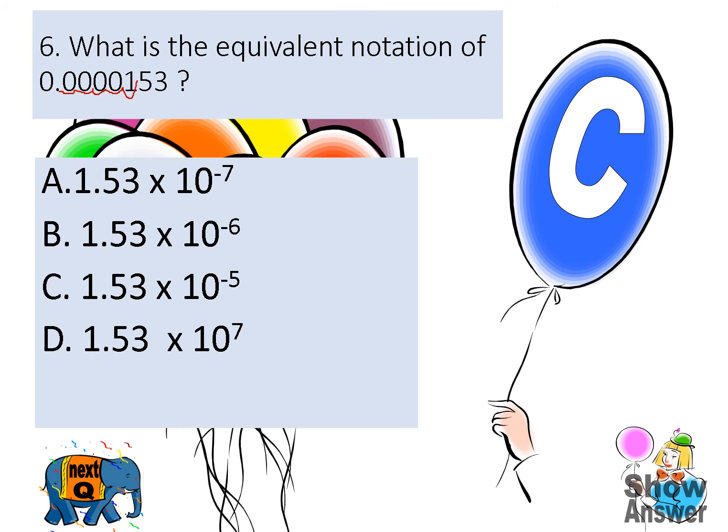So that is 1.53 times 10 to the power of negative 5, since it's a small number, a decimal number, and we have 5 movements.